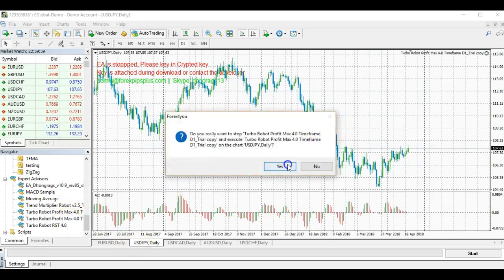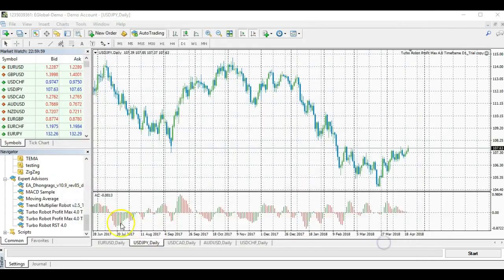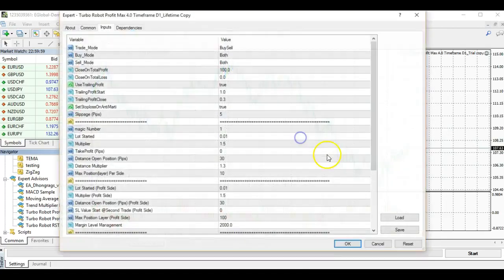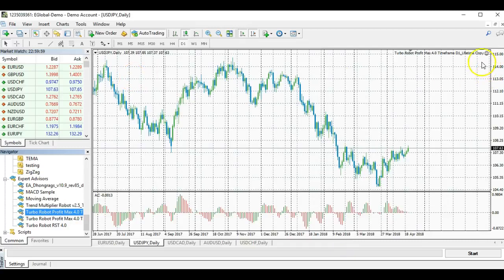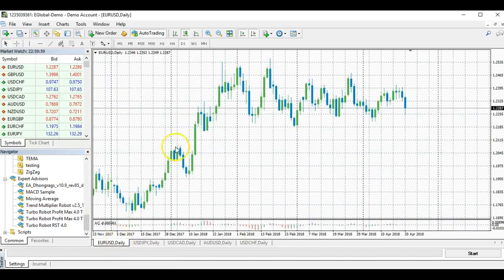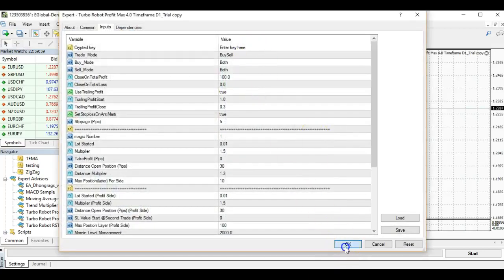And if you are installing the full lifetime copy, it will show like this. So Turbo Robot Profit Maximizer day 1 lifetime copy doesn't have the trial like this. The trial version will ask you for the key.